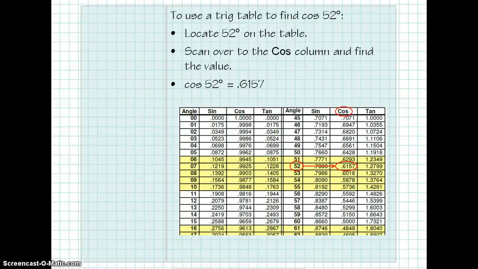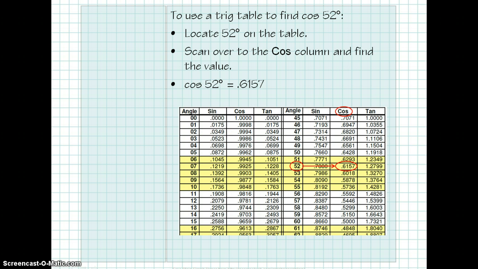I still find it useful for being able to see the relationships of how these ratios work as you go. All it is is a table that goes from 0 to 90. There's a column from 0 to 45, another column from 45 to 90. It lists the three ratios, and it tells you what those values are.